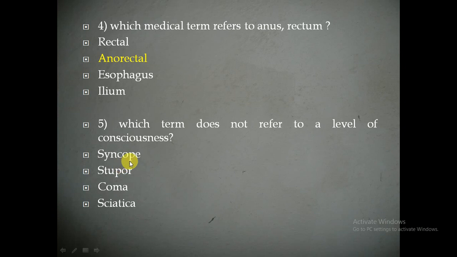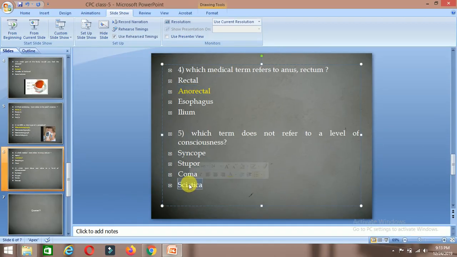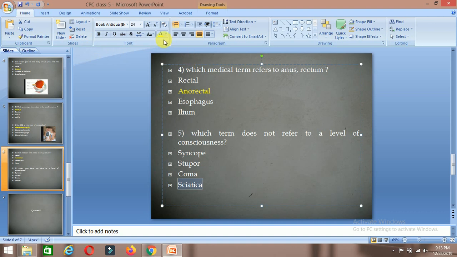Syncope, stupor, coma, these are words we use in medical terminology, for example if a patient has a sudden fall. But sciatica is nowhere related to level of consciousness. Sciatica is a radiating leg pain. So the word which is nowhere related to level of consciousness is sciatica. So the correct answer for the fifth question is sciatica. I am marking this one.